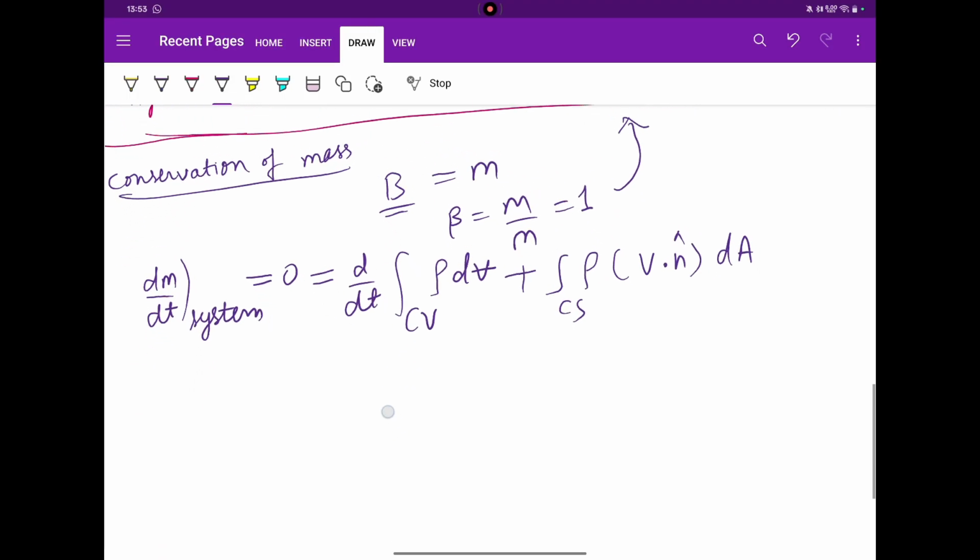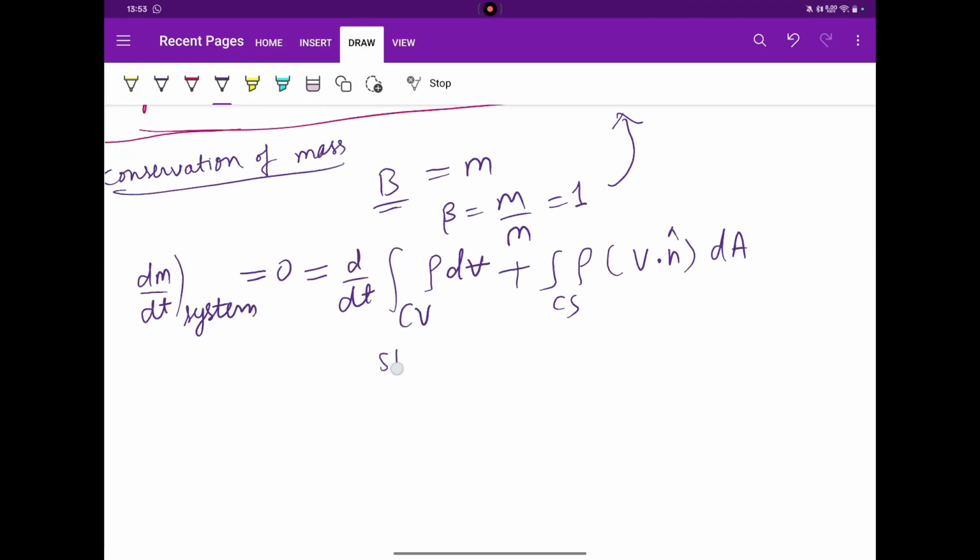Okay, now if it is a steady state, then what will happen? There is no change inside this. Even before that you can take this d by dt inside. Let me just do one more step, then we can jump. 0 is equal to control volume partial rho by partial t into dV.